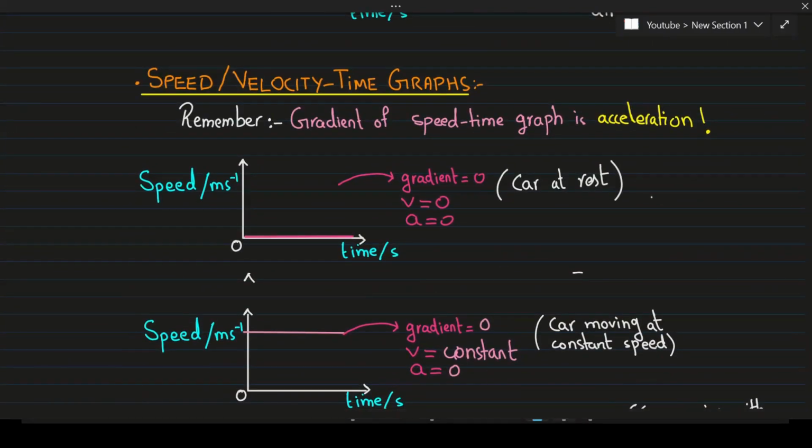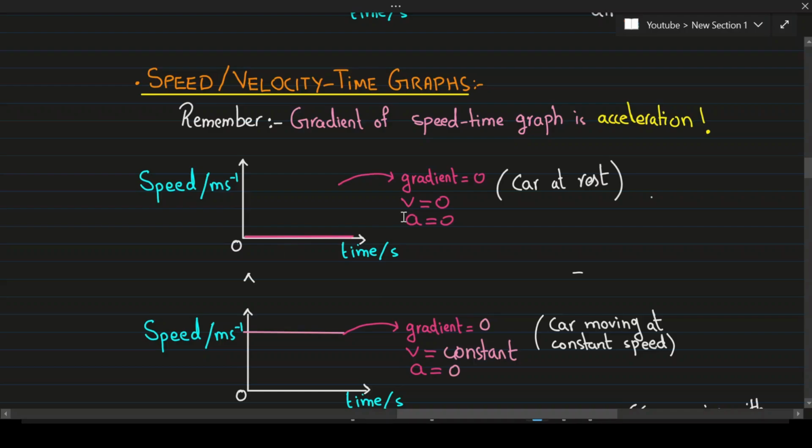Now moving on to our speed or velocity-time graphs. Same thing: speed-time graphs would be only for the positive side, whereas velocity-time graphs can be on the negative side. So the first thing that you need to remember is that the gradient of a speed-time graph gives you what? Acceleration.